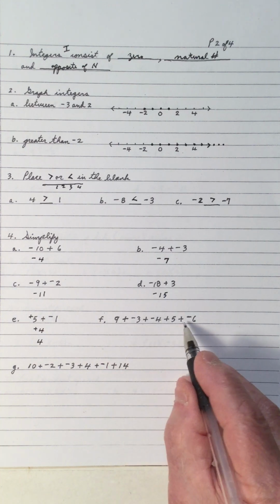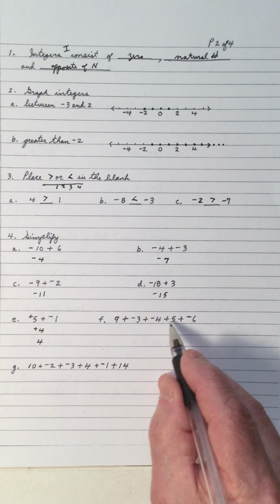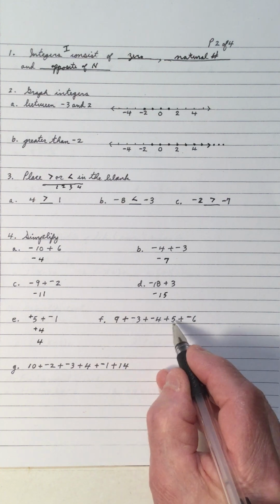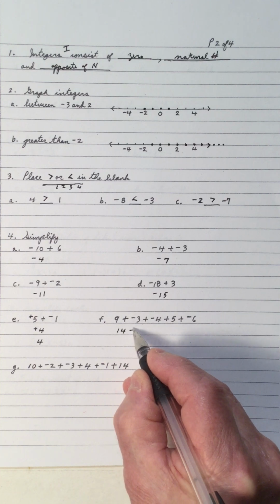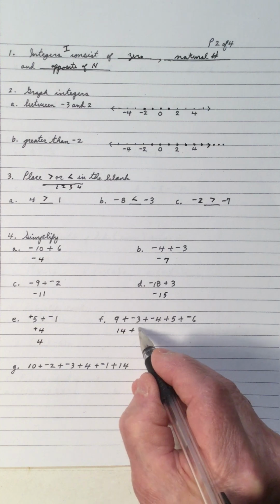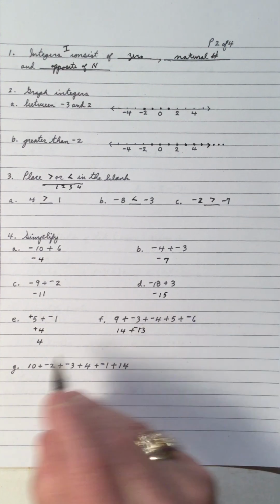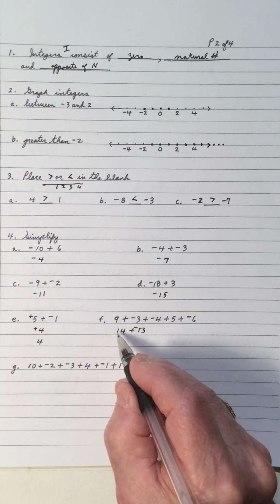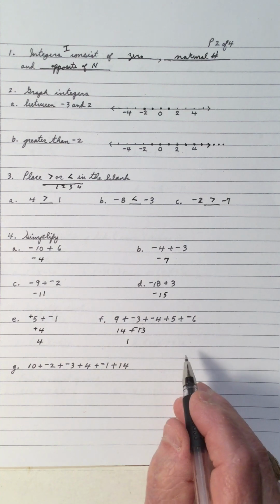Now I'm going to add all these up. So what I do is that I add up the positives first, or the negatives. So 9 and 5 make 14. Then I add up all my negatives, so that's 10 and 3, so that's 13 negative. Now because I got positives and negatives, I subtract the two numbers to get 1, and there's more positive.